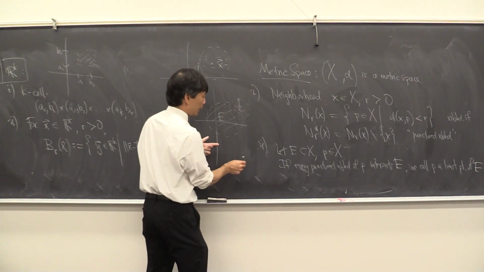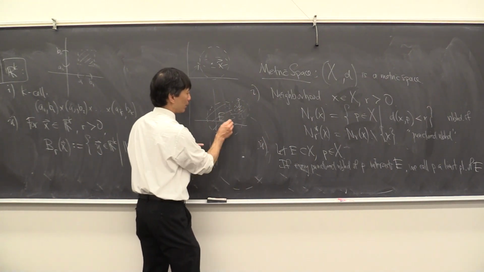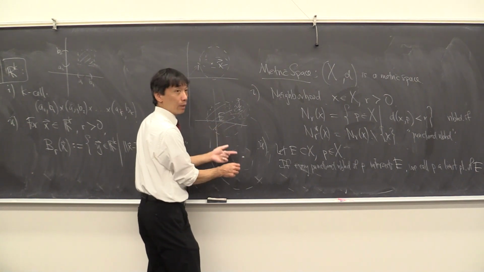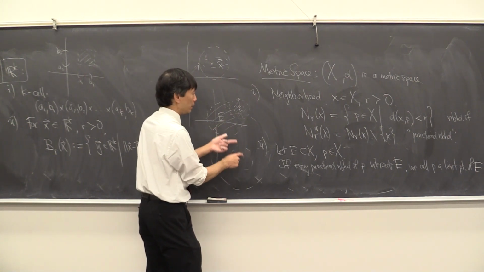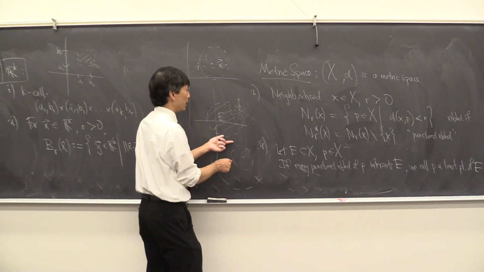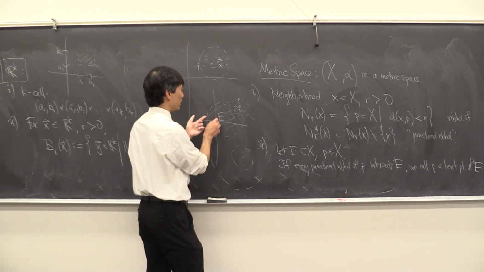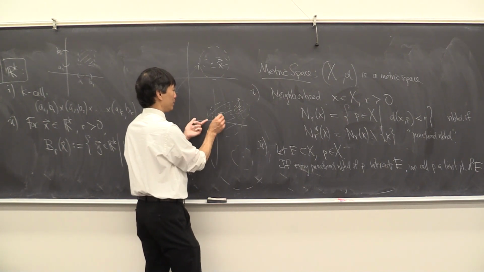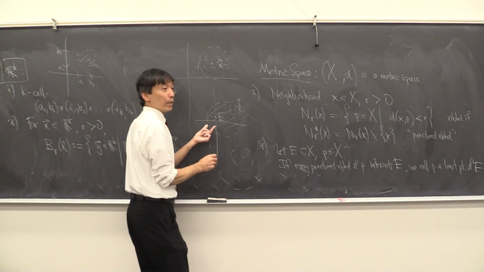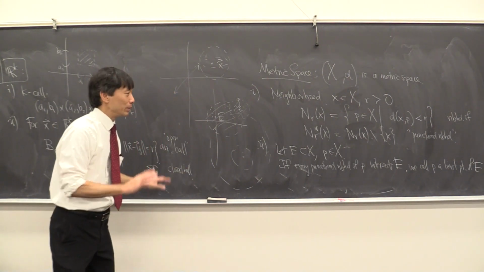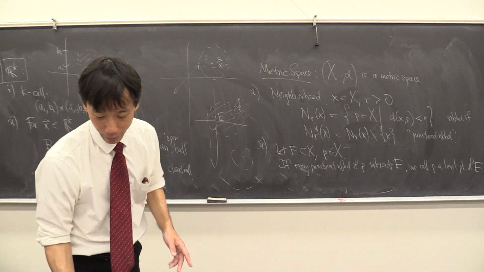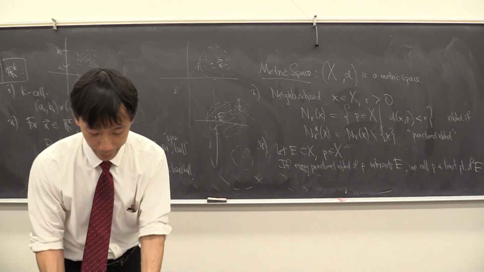This other point here, well, maybe some punctured neighborhoods intersect, but not all of them. I can find a punctured neighborhood that doesn't intersect E. A point on the inside here definitely is a limit point. We'll do more of this next time. That's all, we'll stop here for today.